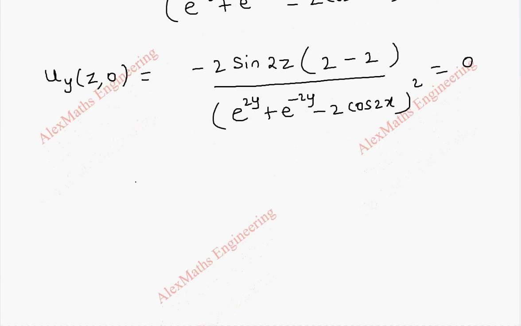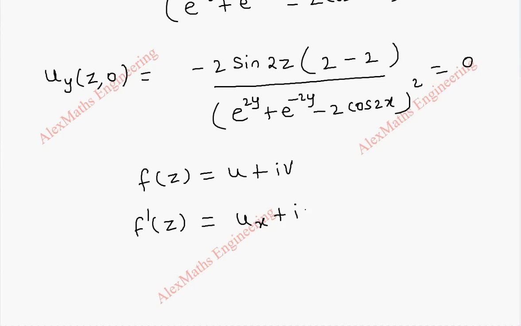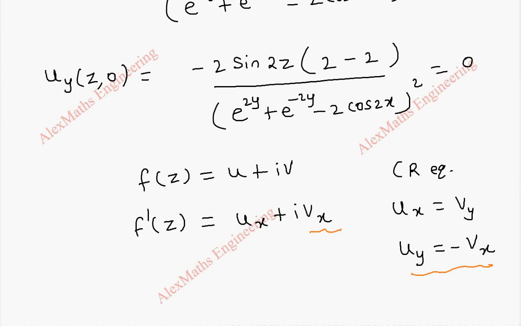After this we are going to take f of z, which is u + iv, and f dash of z becomes u_x + i v_x. From CR equations we have u_x equal to v_y and u_y equal to minus v_x, and hence this v_x can be replaced as minus u_y.